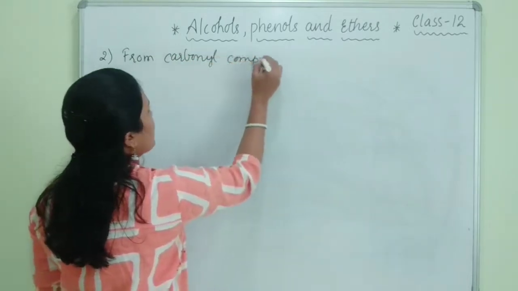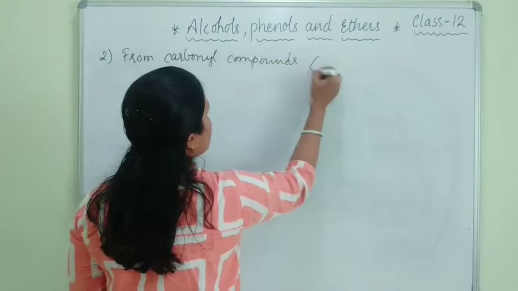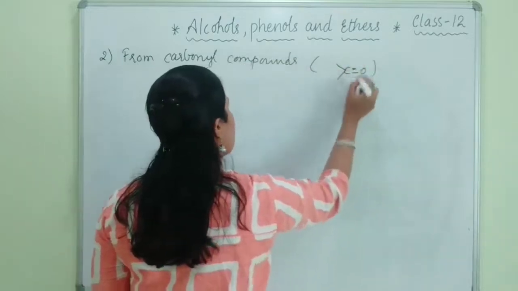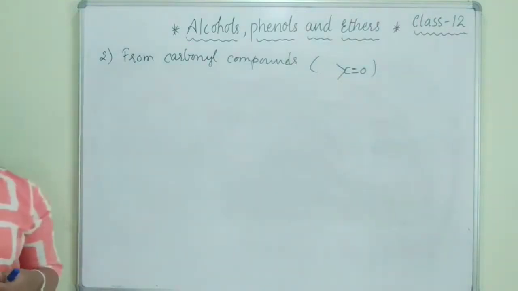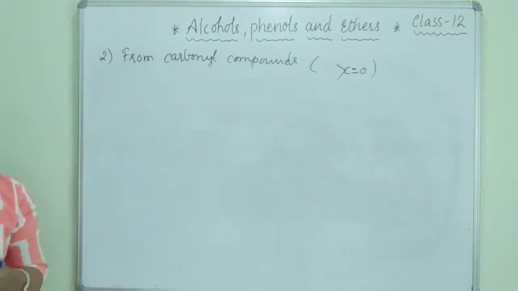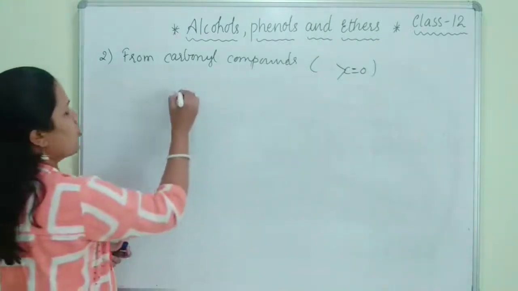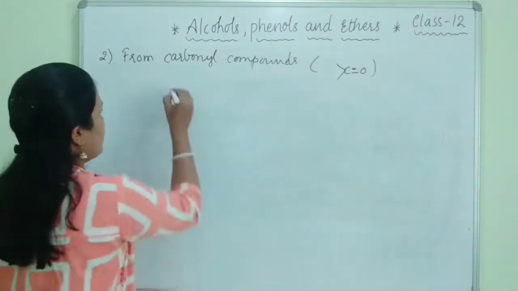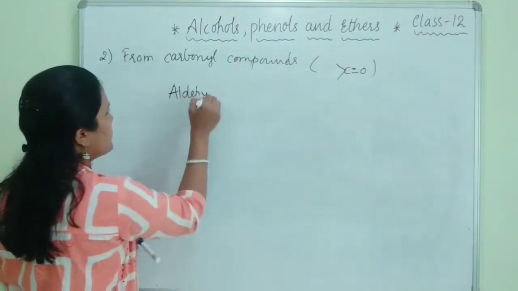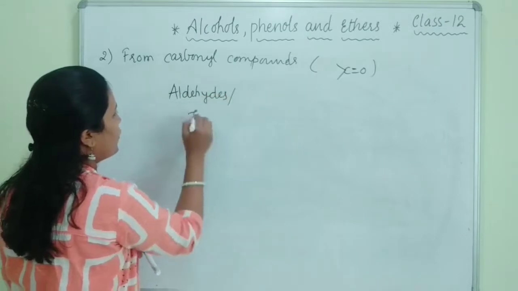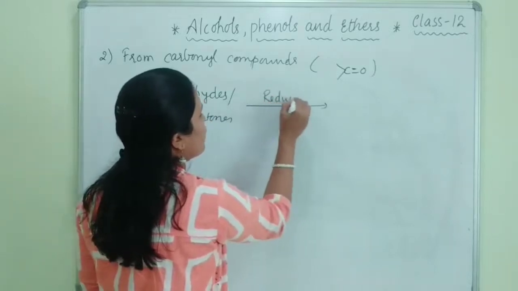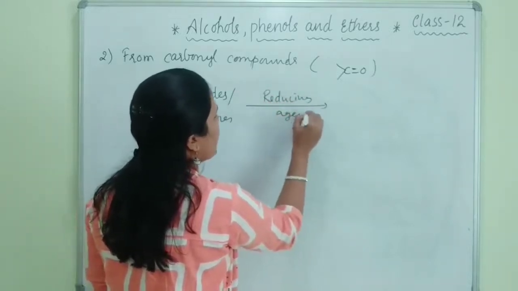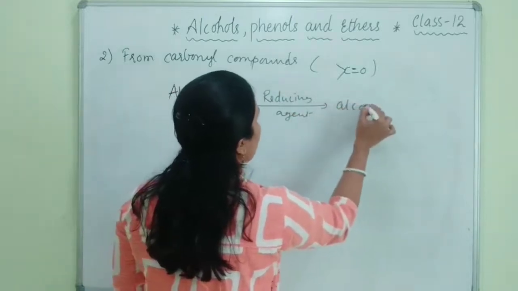Carbonyl compounds means those having this linkage, that is C double bond O. As we know, aldehydes, ketones, carboxylic acids and esters all have this linkage, and this one is a very easy concept. How do we need to write it? Aldehydes or ketones react with some reducing agent and it will convert them into alcohol.